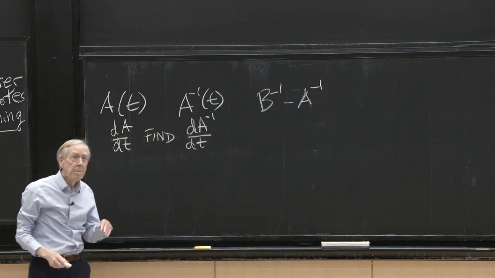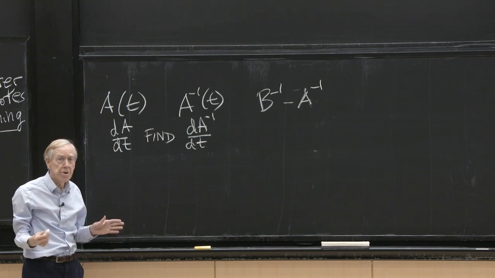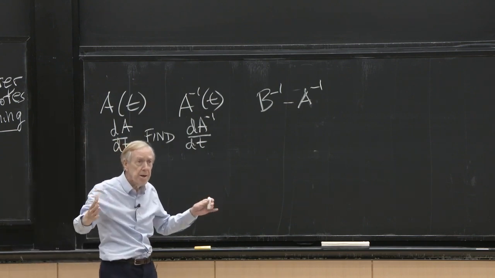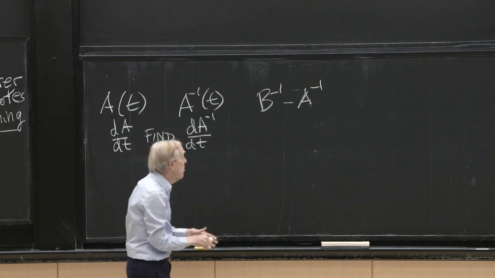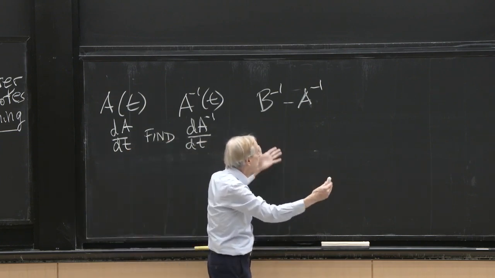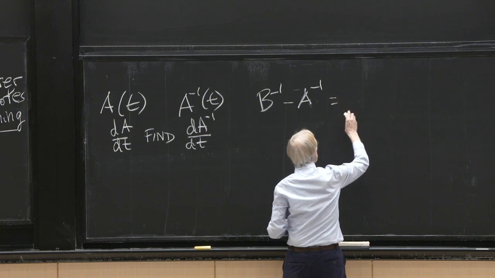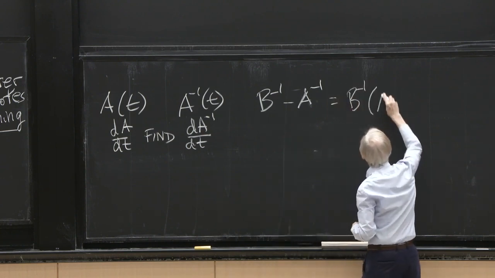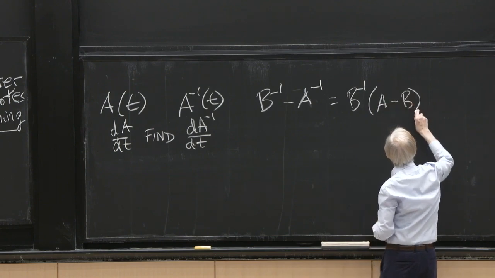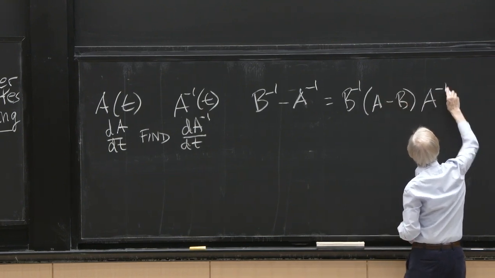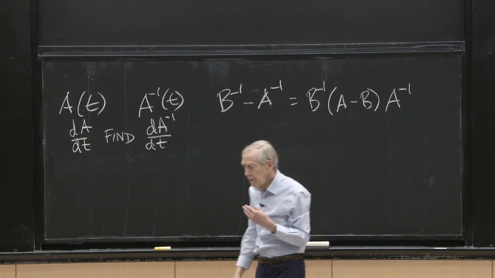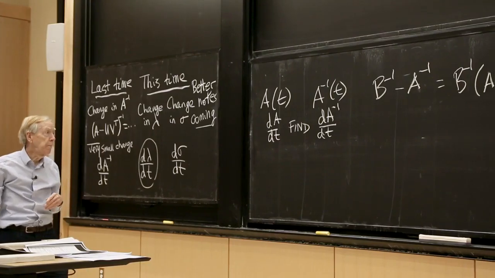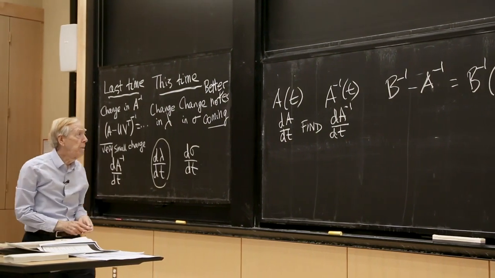As last time, I start with a finite change, because calculus always does that, right? It starts with a delta t, and then it goes to 0. So here I'm up at the full-size change. So I think that this is equal to B inverse times A minus B times A inverse. And if it's true, it's a pretty cool formula. And look, it is true.